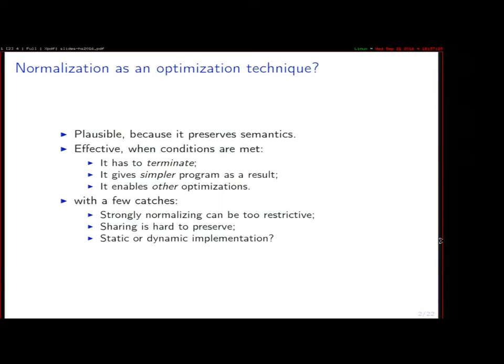It's very hard to avoid duplication of functions and of computation, and so it may not lead to simpler results. And lastly, there's a question of whether this normalization should be done at static or dynamic time, whether it's compile time or runtime. This last question is actually the focus of this talk.